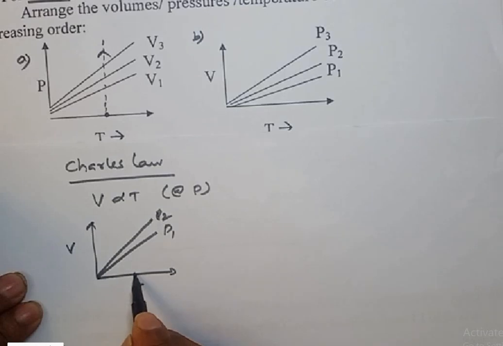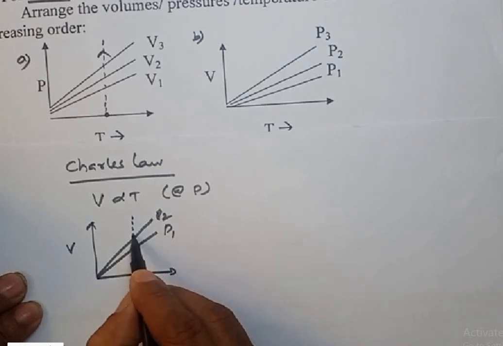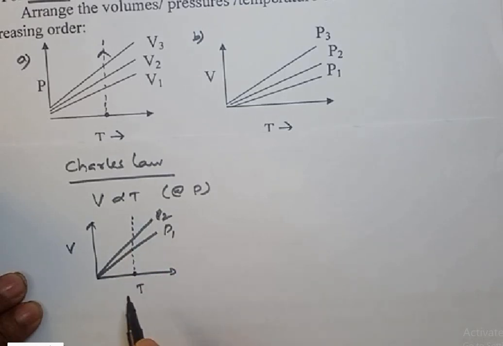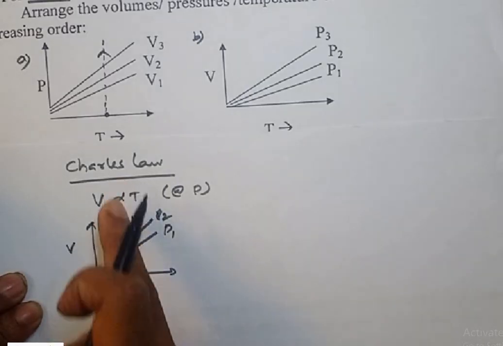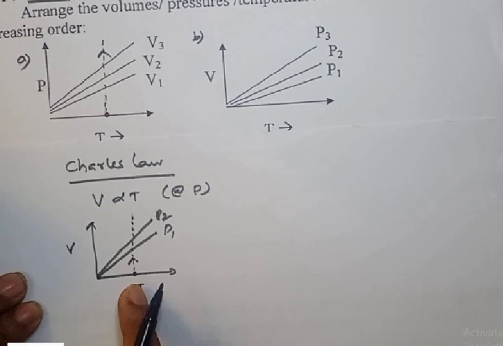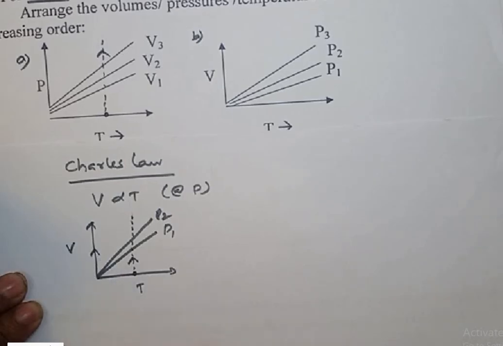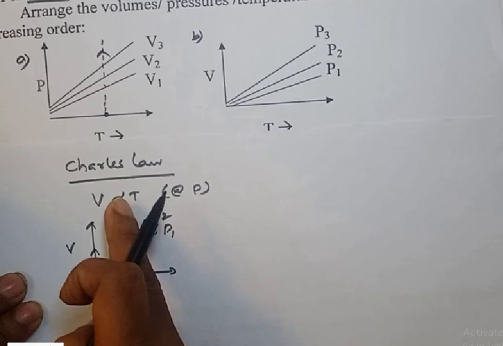To find out, you choose some temperature T and draw a straight line. In this line, temperature remains constant, correct? If you move above along this line, volume increases.